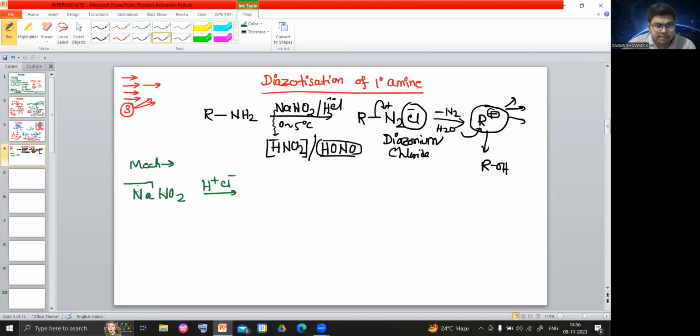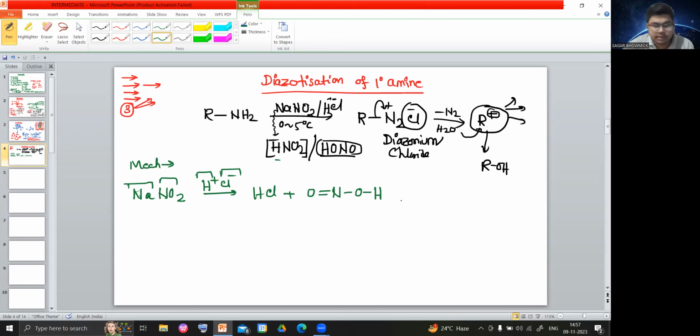So Na+ and Cl-, so NaCl will form. This is an exchange reaction kind of, plus HNO2 is formed. You can see H+ NO2-. So the structure of HNO2 is N double bond O, OH. That's why HONO is written sometimes.